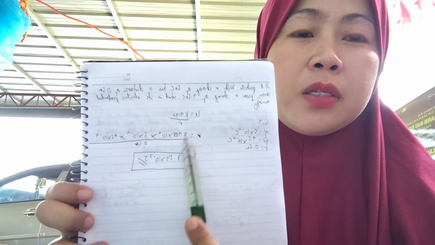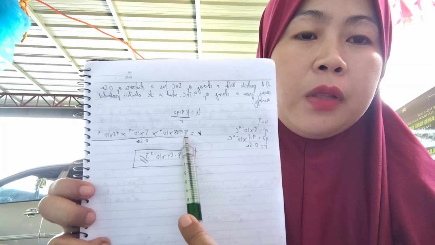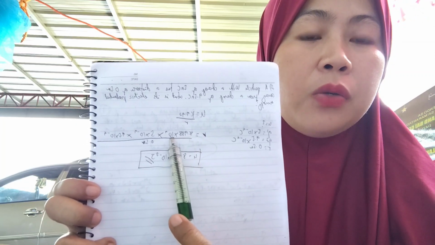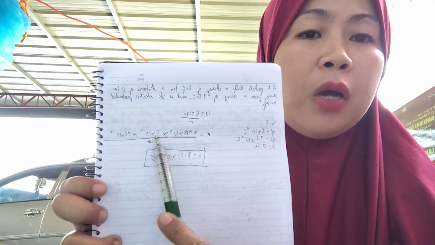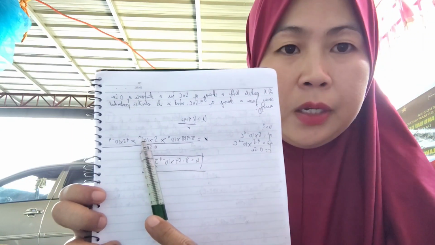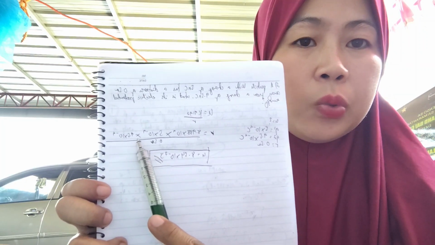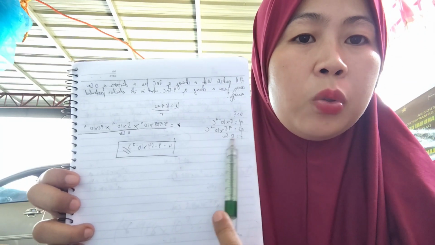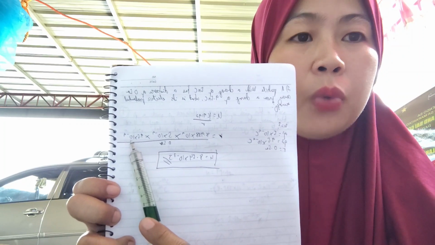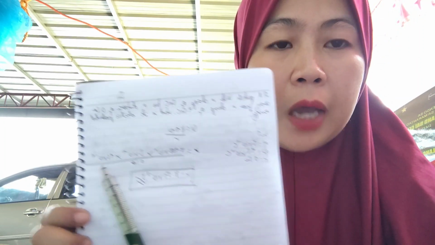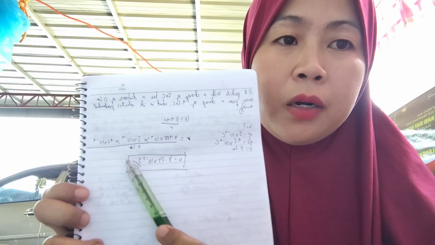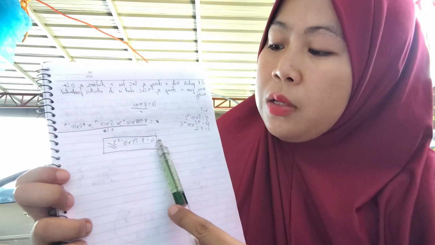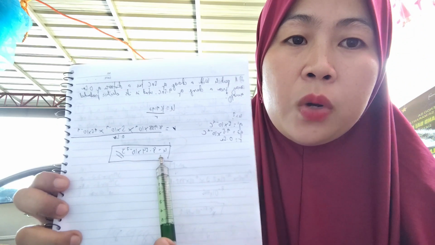Ang K natin is constant siya ng 8.988 times 10 raised to the power of 9 times ang ating Q sub 1 na 5 times 10 raised to the power of negative 9, and then times natin sa Q sub 2 natin na 9.5 times 10 raised to the power of negative 9. Divide ng 0.5 or ang ating R, ang ating distance.